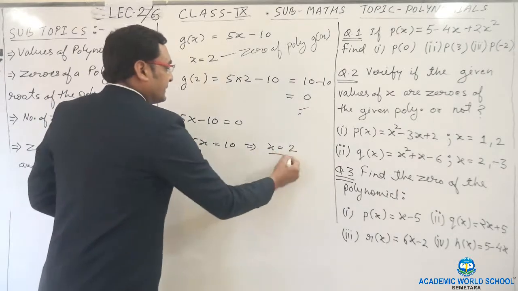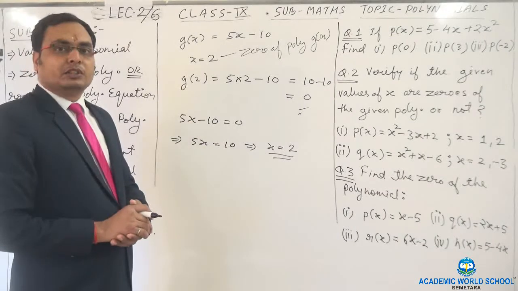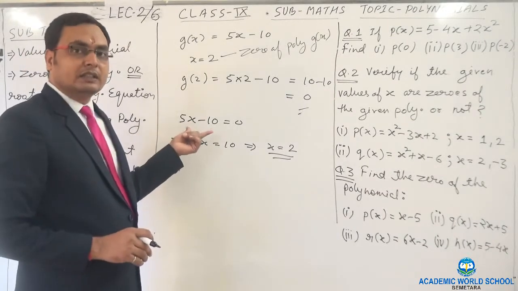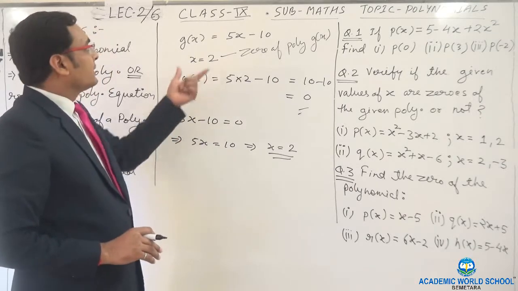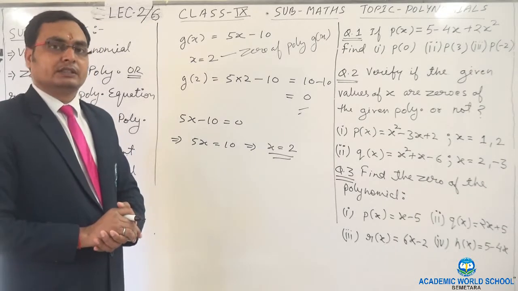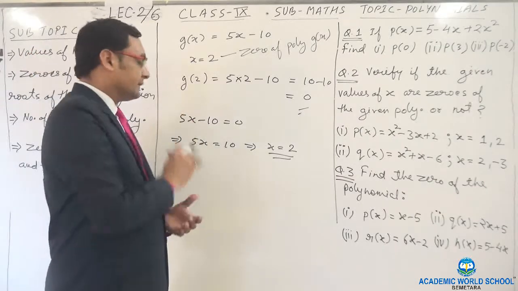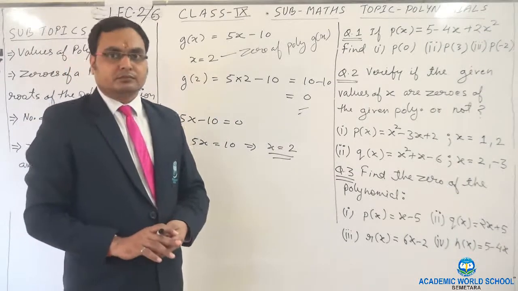So this x equal to 2 is the root of this polynomial equation, which is a linear equation in one variable here, and the root of this equation or the zero of this polynomial are the same thing. There is no difference. By this method we can find the roots of the given polynomial.